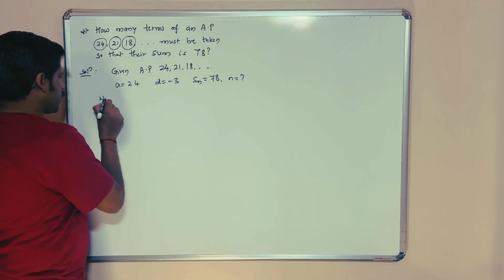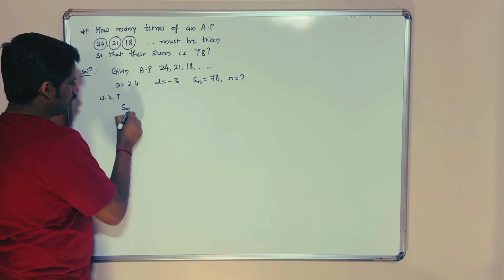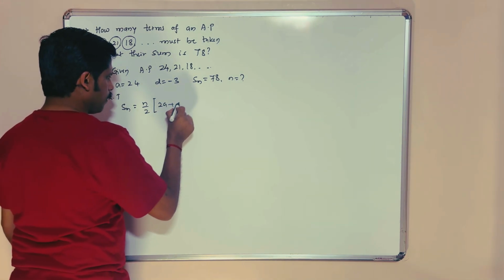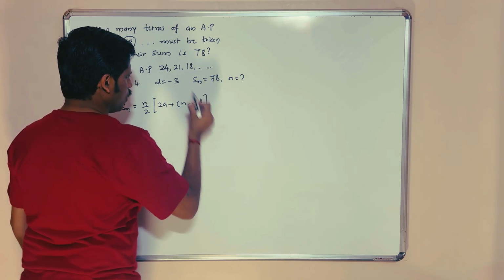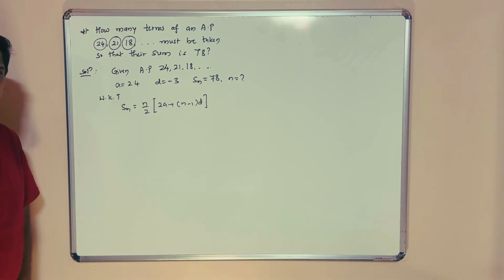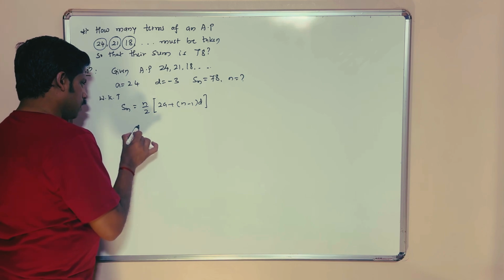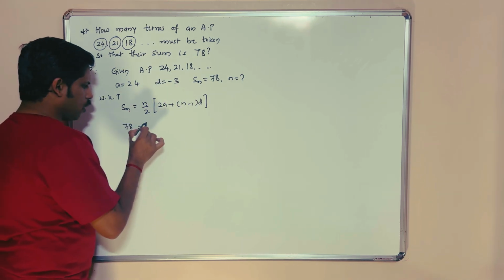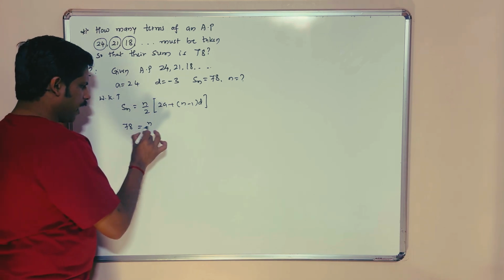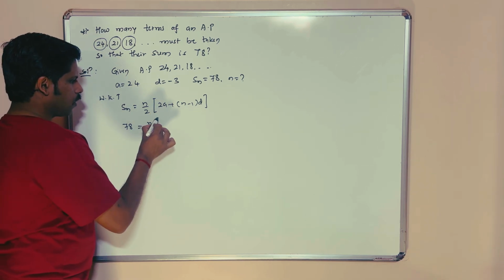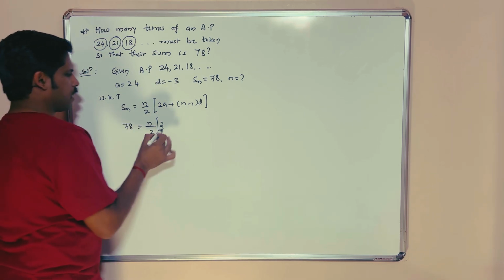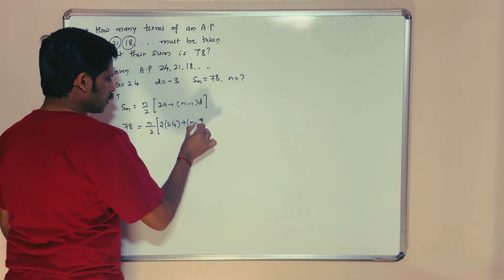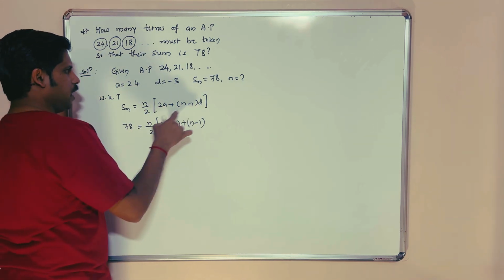We know the sum of n terms formula, S_n is equal to n by 2 into (2a plus (n minus 1) into d). So substitute the given values. S_n is 78. n we don't know, that is what we have to find, so keep it as it is. n by 2 into (2 into 24 plus (n minus 1) into minus 3).